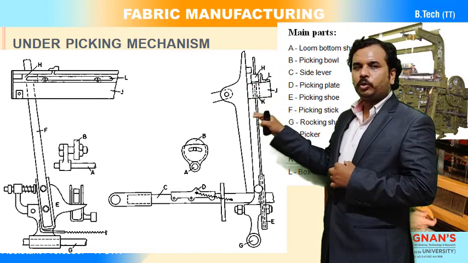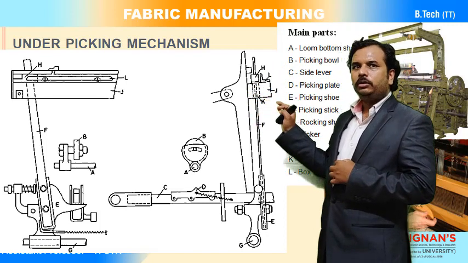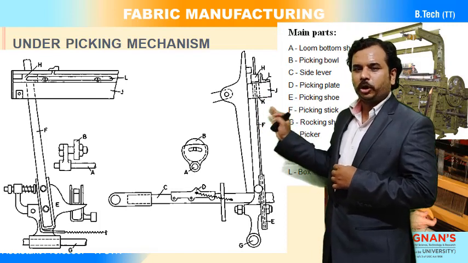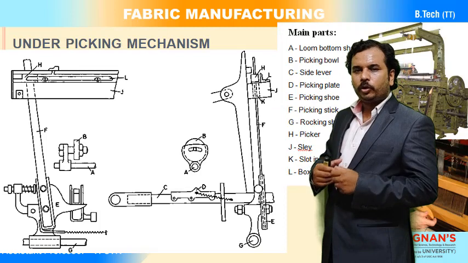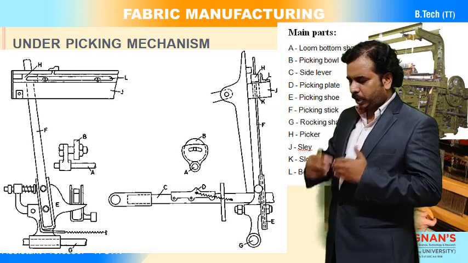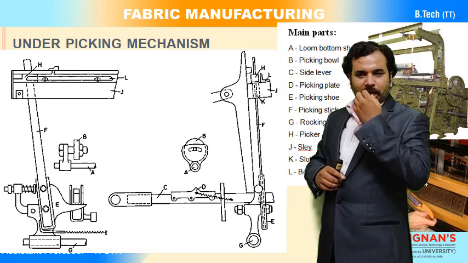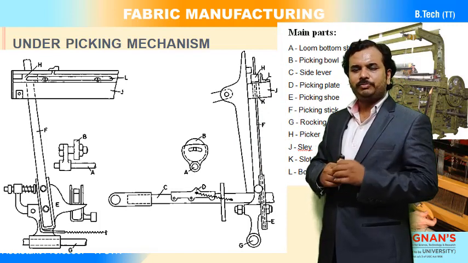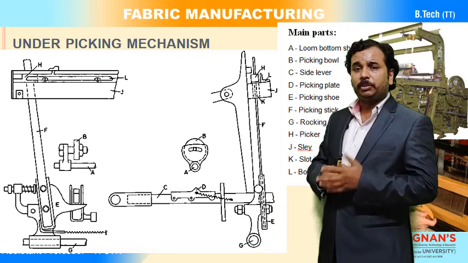The picking stick motion is going to come from the picking bowl which is fixed on the loom bottom shaft. Along with the loom bottom shaft, this picking bowl is going to rotate. The picking bowl is going to push down the side lever. So this is called the side lever underpick mechanism.